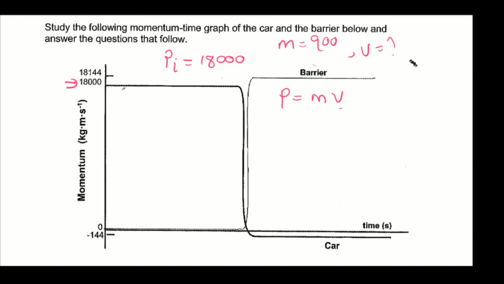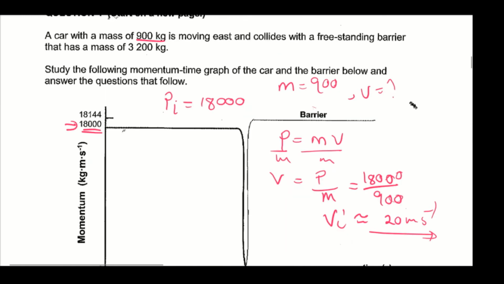Because we want V, we divide by M on both sides, so V equals P over M. That is 18000 divided by the mass, 900, which gives 20 meters per second. So this is the initial velocity of the car.